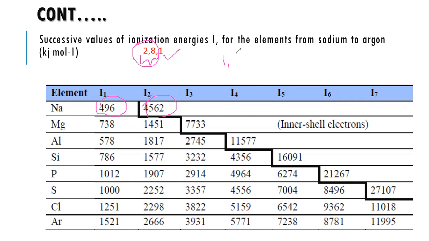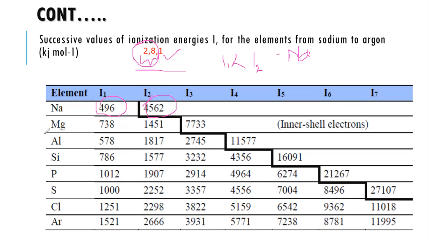This is the reason why I1 is always less than I2 for sodium. When you reach the stable configuration, you have to provide more energy to remove one electron from it.